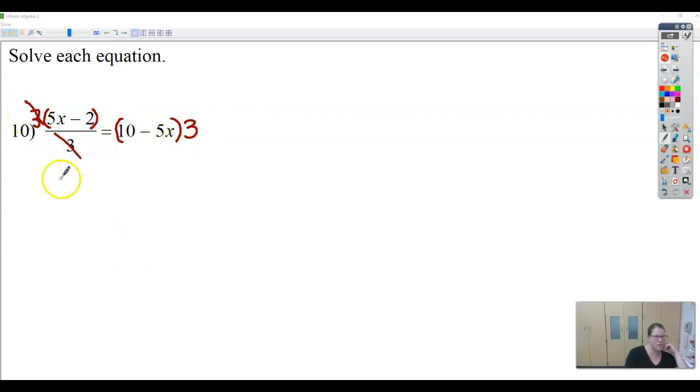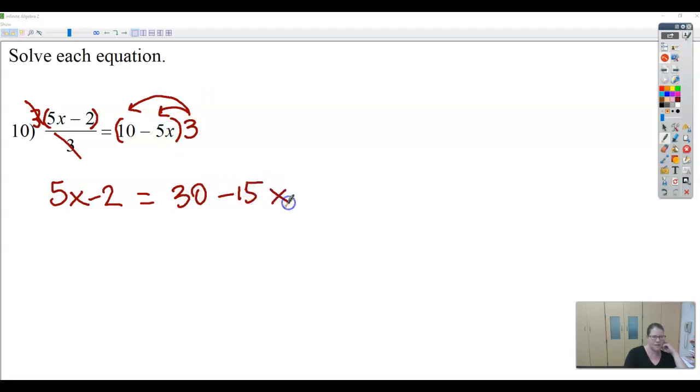So the 3 over 3 will cancel out, and I'm left with 5x minus 2 on the left-hand side. On the right-hand side, I have 3 times 10 minus 5x, so I need to distribute that 3 into the parentheses. So this would become 30 minus 15x. And then I would need to get my x's together on one side and the other numbers on the other side. So let's add 2 to both sides first.